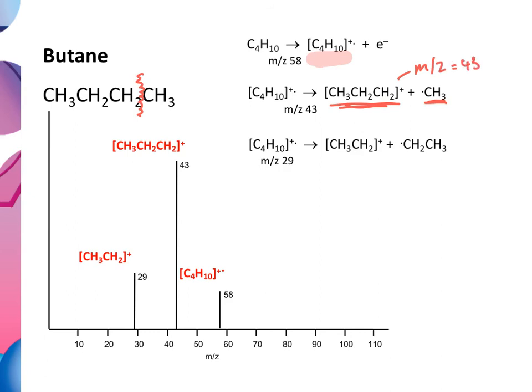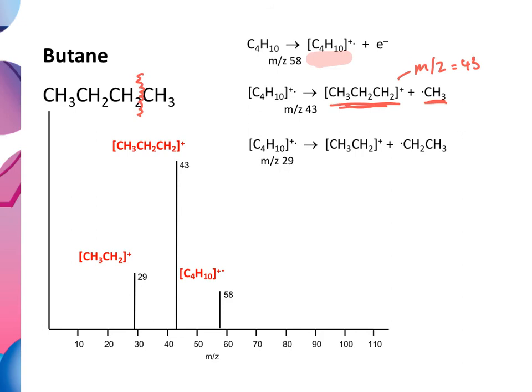Equally, this same fragmentation could happen where the methyl group ends up being the positively charged species and the propyl group is the radical, but we're just giving examples of possibilities. On the third line, we've got our butane breaking up into two ethyl groups.